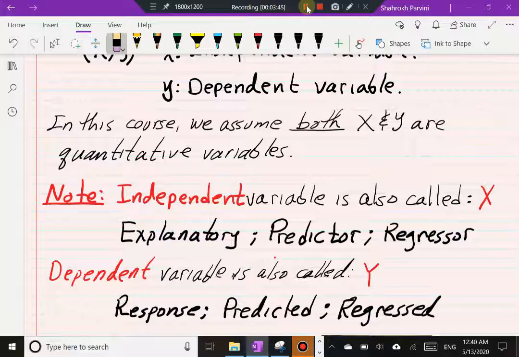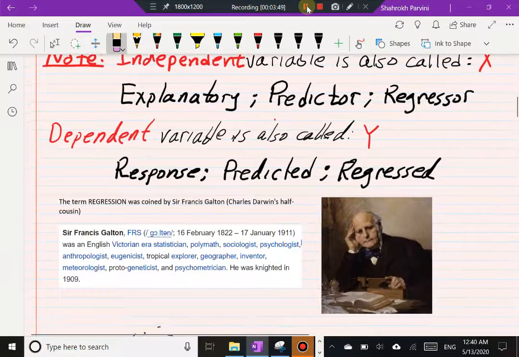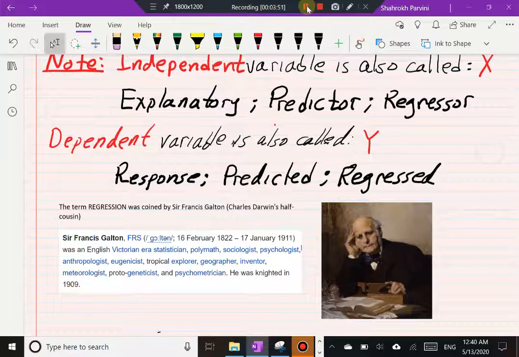Okay, just the terminology. Now, here is the gentleman who developed the whole idea of regression analysis, Sir Francis Galton. You can do a Google search on him, and you can see that he's a polymath. He was really good at what he was doing, and he was into a lot of different fields of endeavor, so he wasn't just in mathematics.